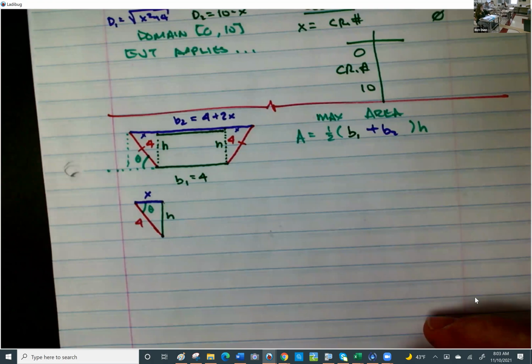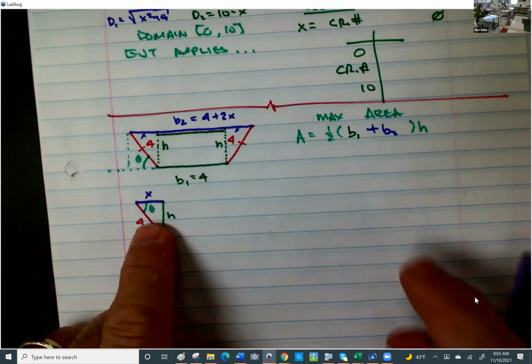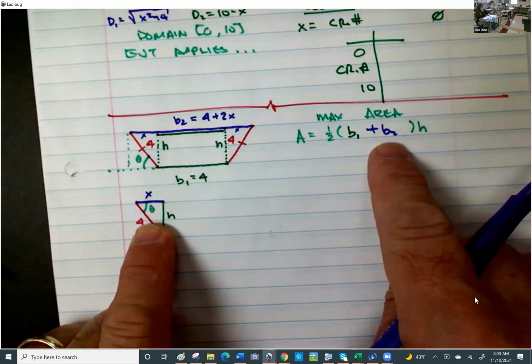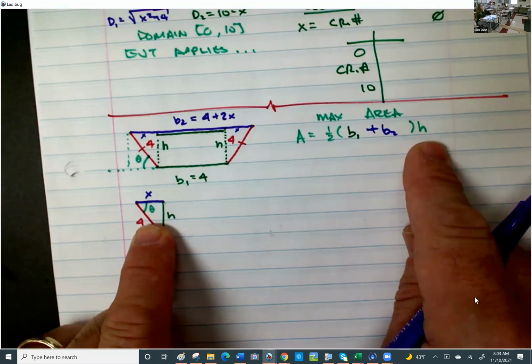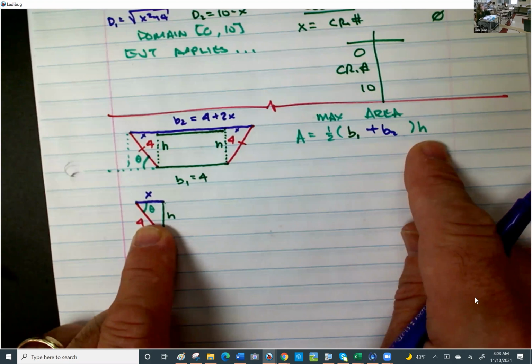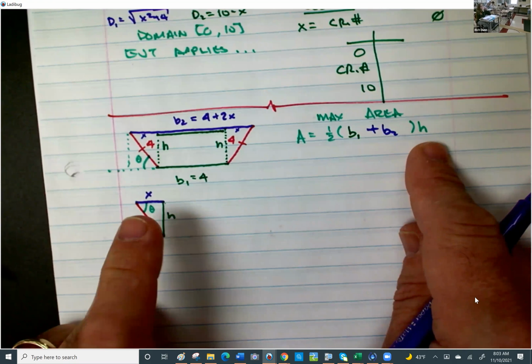Looking at this, one thing I need to notice is that it did say at what angle theta should I use this. So really what I need is to get rid of this B2 and this H by writing theta in there. That way I can maximize or minimize that theta value, right?